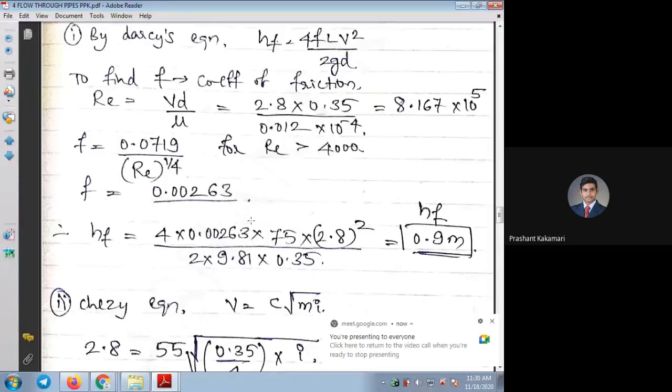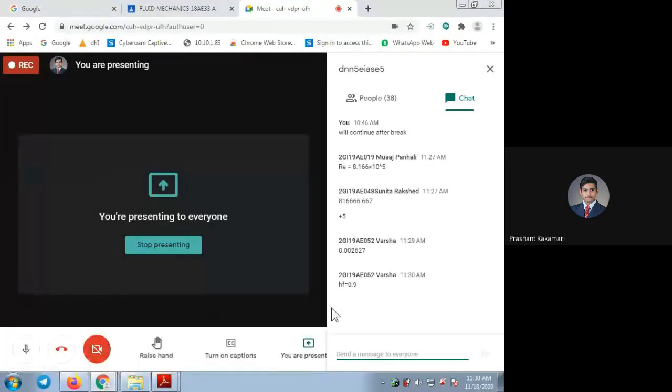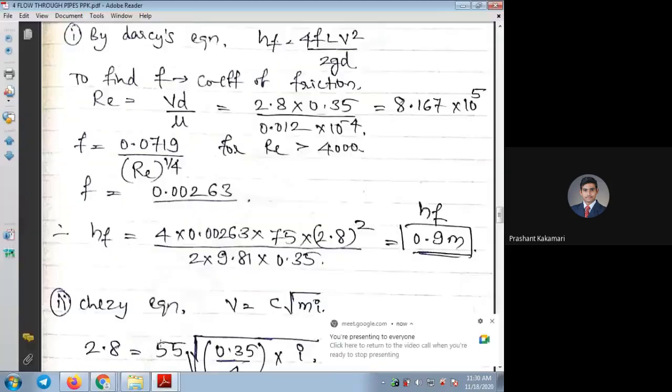Okay. hf value is 0.9. Yes. So all the terms are in meters, so head loss due to friction is also in meters, because head we always measure in meters.